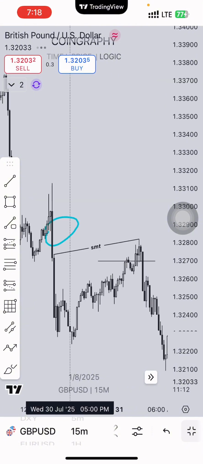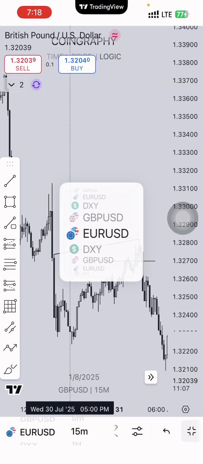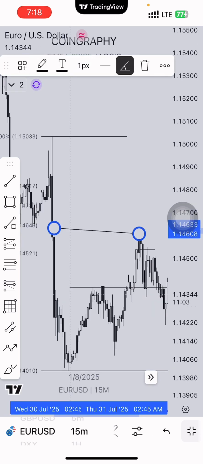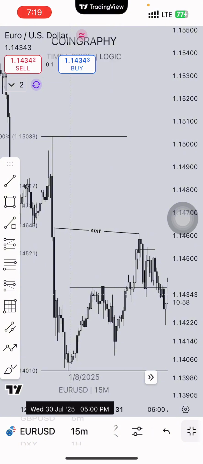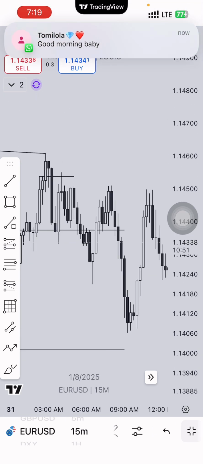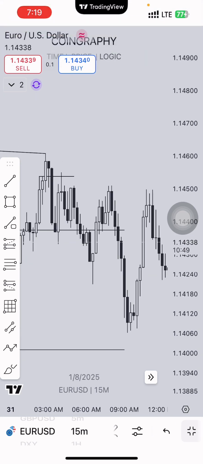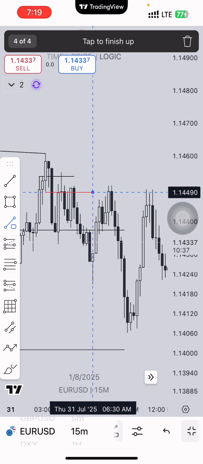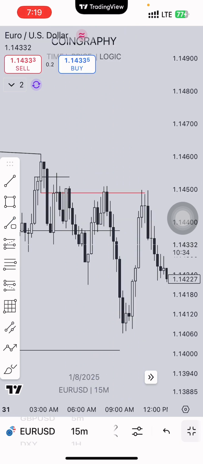So that is a confirmation for me to sell EU, because I was seeing GU and DXY tap into a key level while EU did not. It gave me a confirmation by 2:45, and then we took the trade, as you can see.